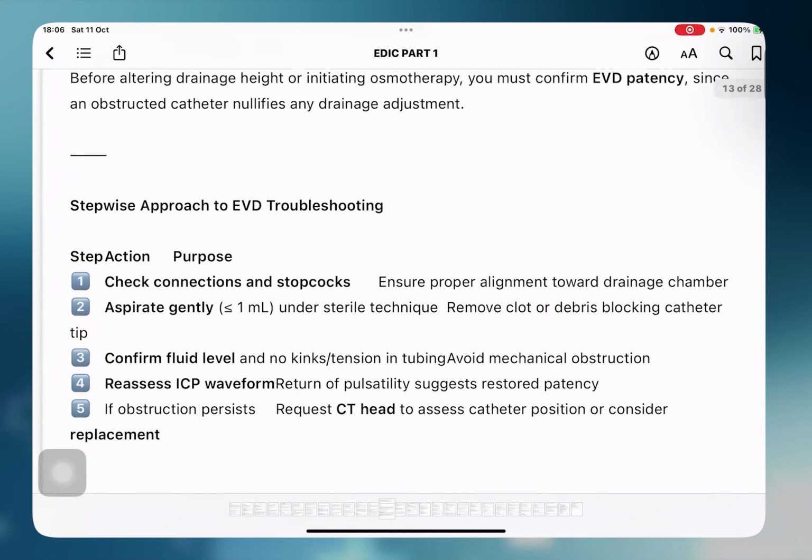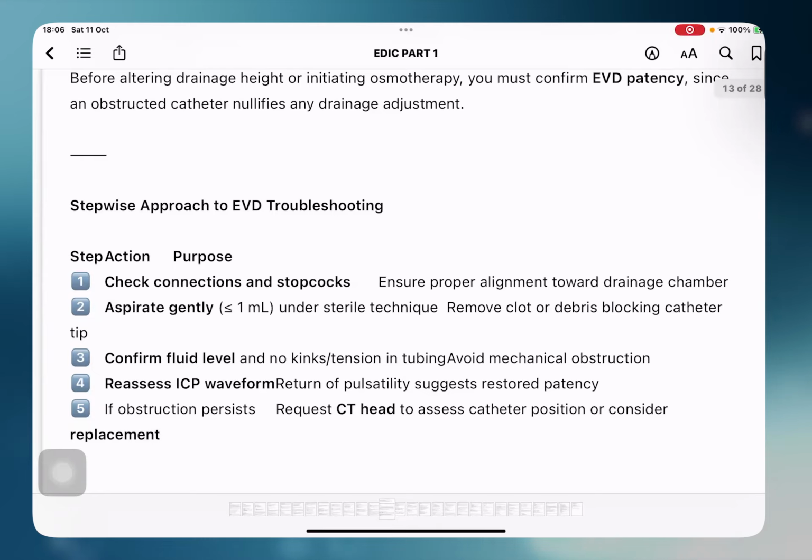Very important. Number one, check connections and stopcocks. Ensure proper alignment towards the drainage chamber. Then aspirate gently, less than 1 ml, under sterile conditions. Remove any clot or debris blocking the catheter tip. Then confirm a fluid level with no kinks or tension in the tubing.